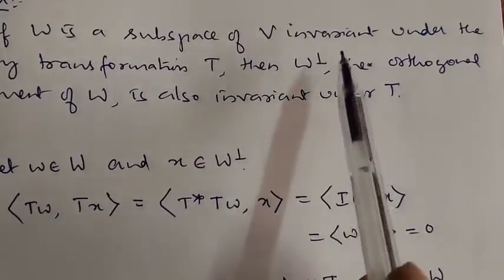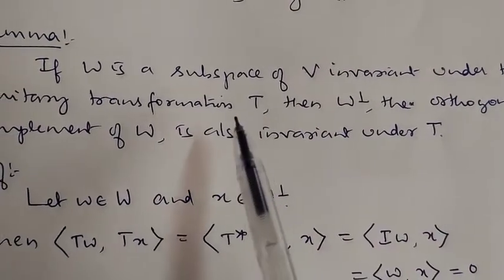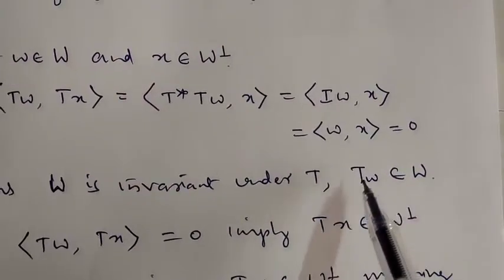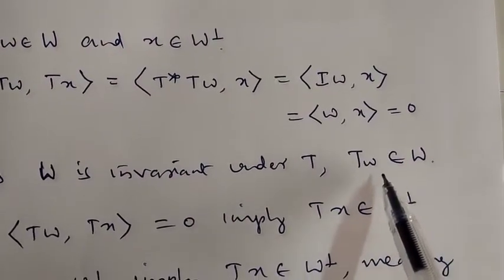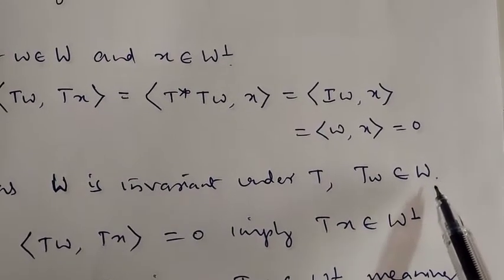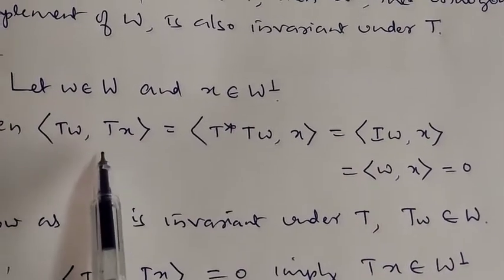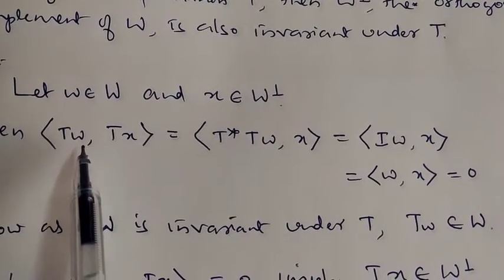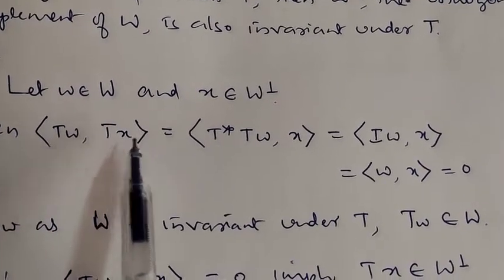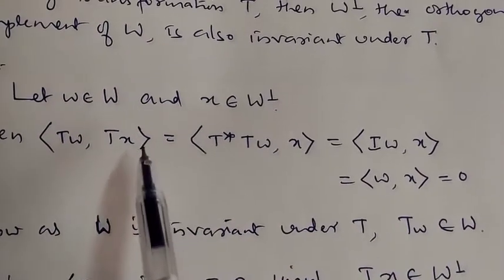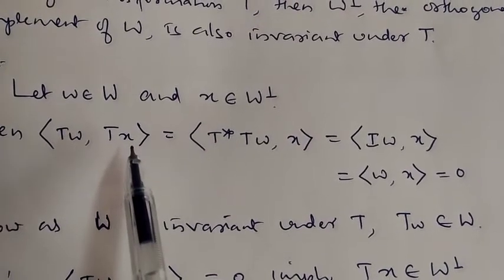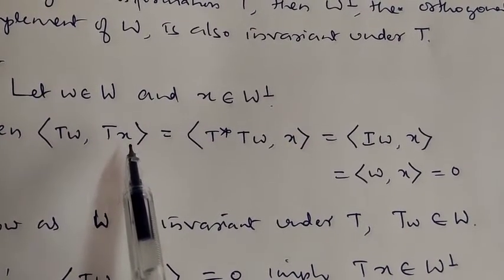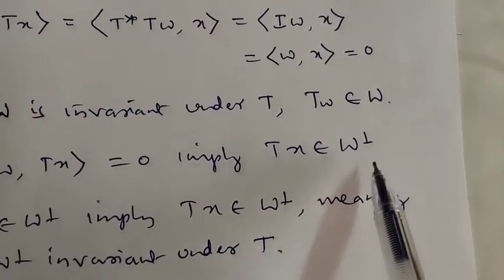Now it was given that W is invariant under T. W is invariant under T means what? If w belongs to W, then T(w) also belongs to W. Now you see, T(w) is an element of W. Its inner product with some element is equal to 0, which means this element belongs to the orthogonal complement of W, which is W perp.